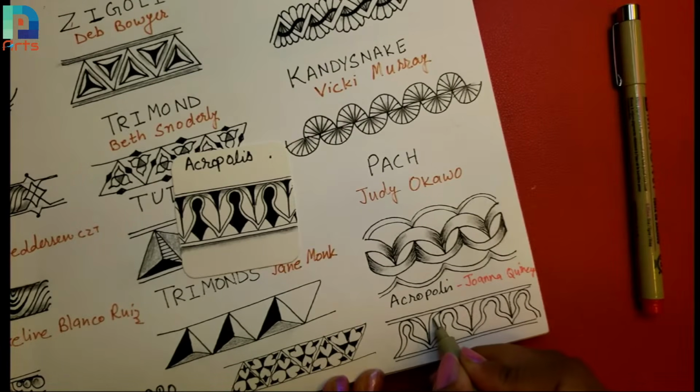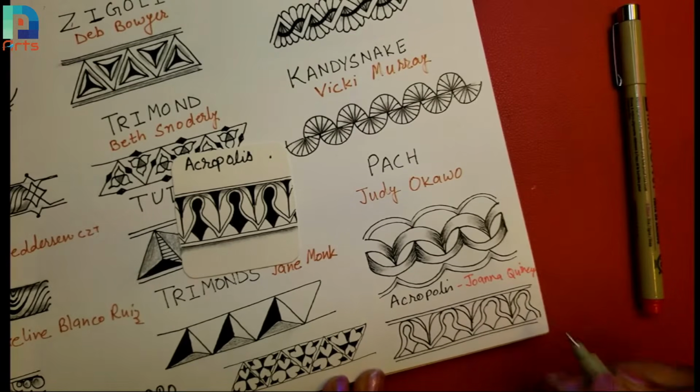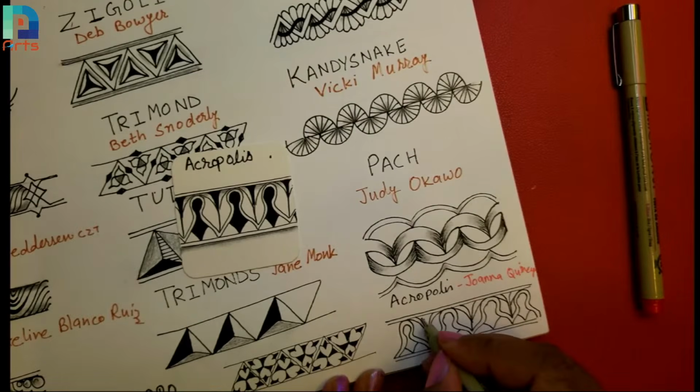Now you are going to join from the border with these curvy lines. And then these V shapes in the middle of these little petals. Now we are going to fill this area.